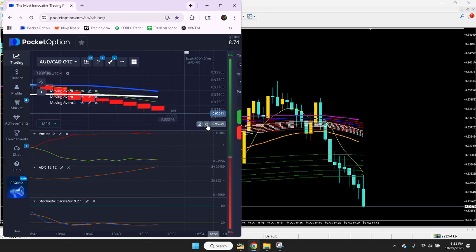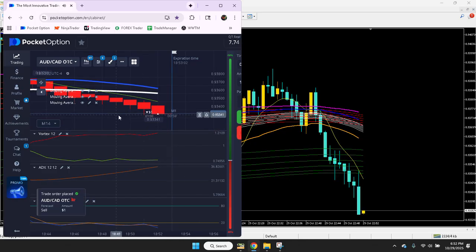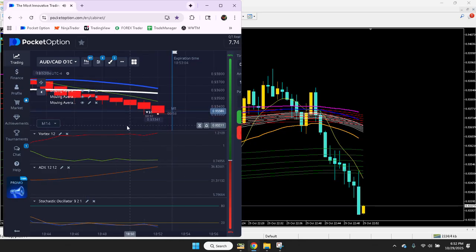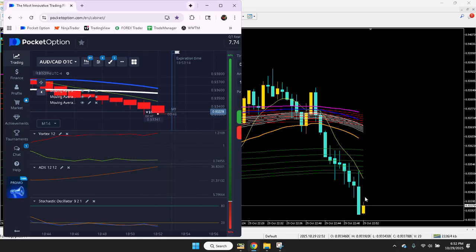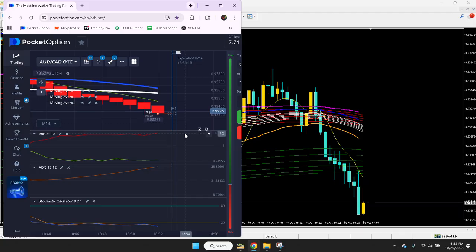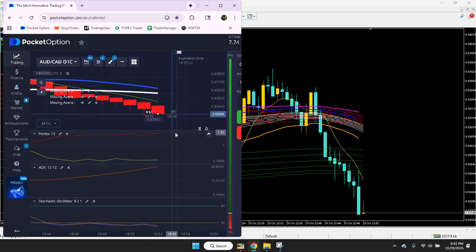We got 6, 5, 4, 3, 2. You always want to get your trade in just before the candle closes. Now, odds are, because I'm screwing around, this candle is going to go up. Never know though.